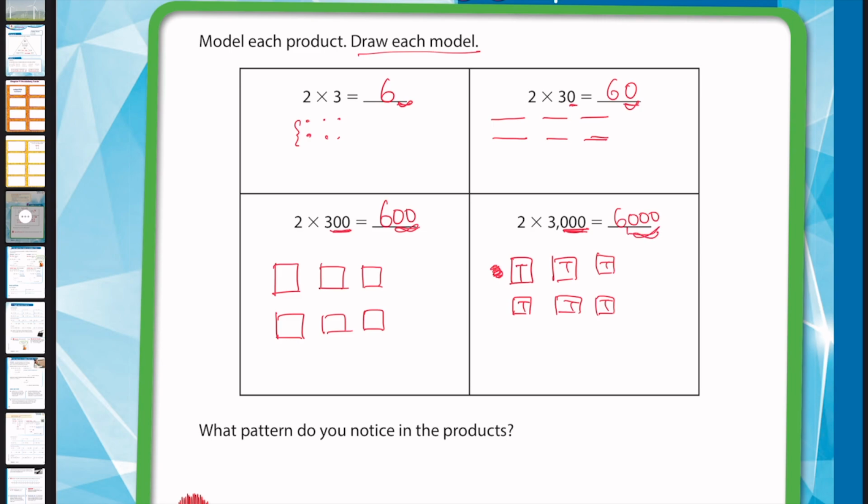I'm going to write the amount of zeros in the factors.